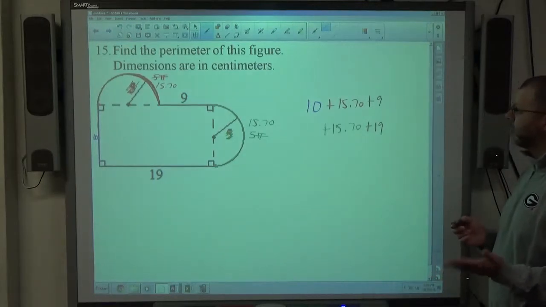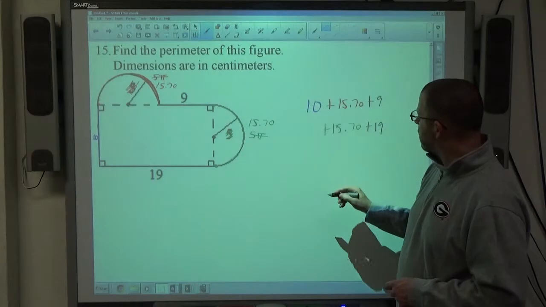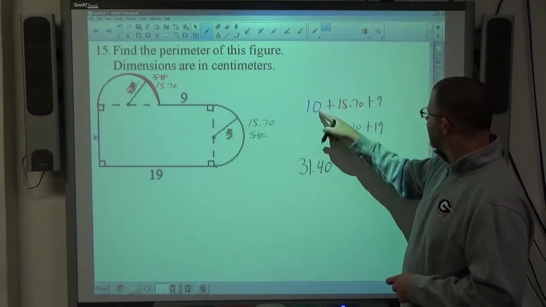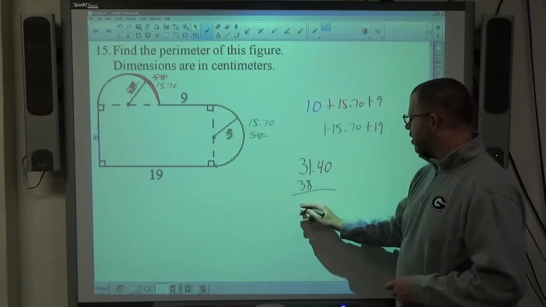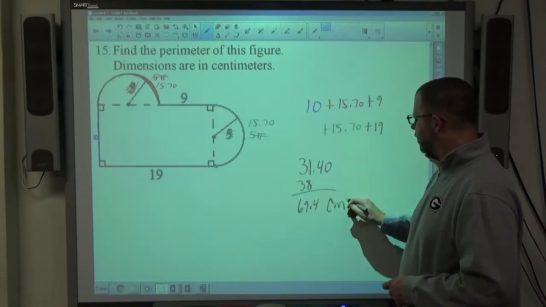Right. So just adding them all up, 15.70 plus 15.70 makes 31.40. 10 plus 9 is 19 plus 19 is 38. Add those up, I get 69.40, 69.4 centimeters.